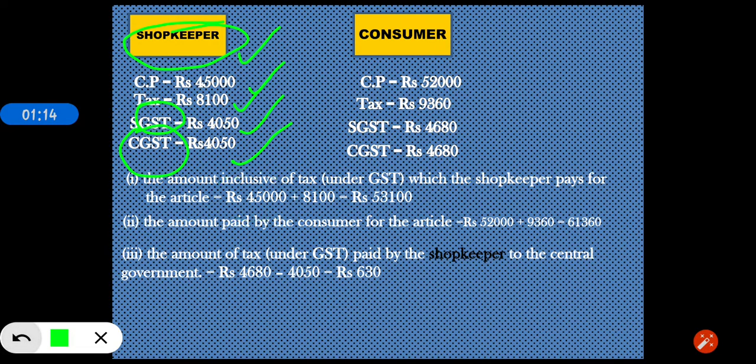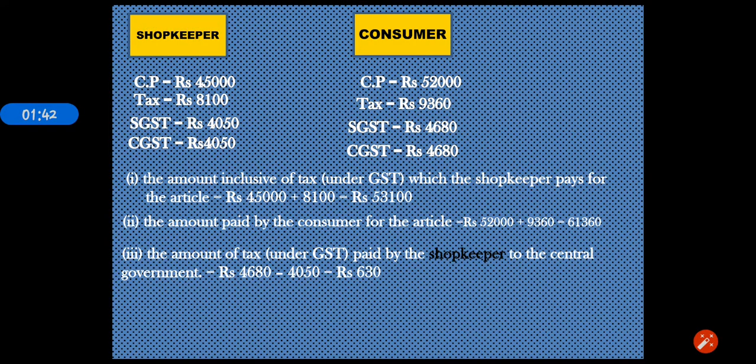Sub number 2, the amount paid by a consumer for an article inclusive of tax is 52,000 plus 9,360, which is equal to rupees 61,360. Sub number 3, the amount of tax paid by a shopkeeper, which is output minus input. Output minus input is equal to 630 rupees.